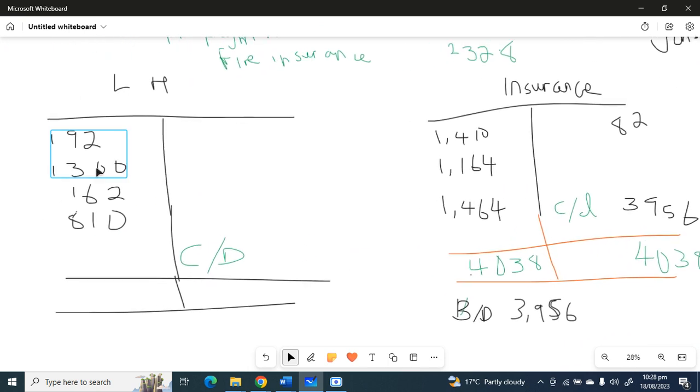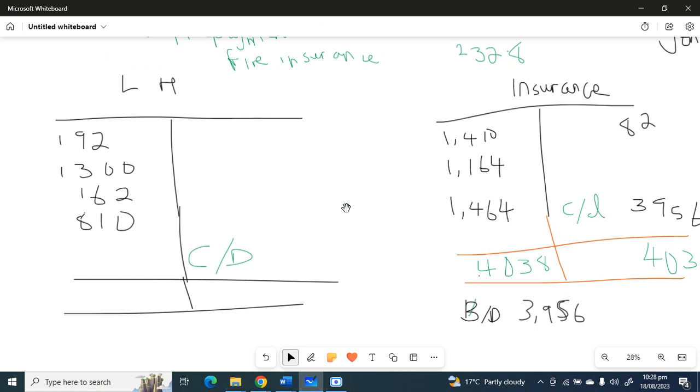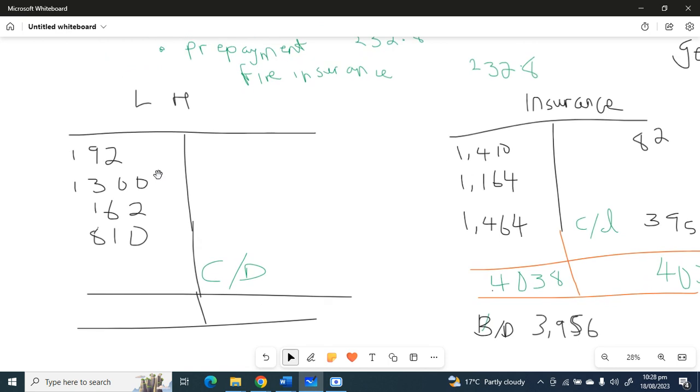You can see this is the lighting and heating account. So all those oil bills, electricity bills, we take them to lighting and heating. So you total up 192 plus 1,300 plus 162 plus 810.